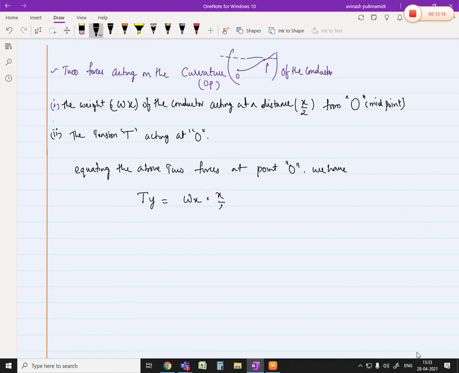Am I right? Yes, students. So this is nothing but tension along y direction, and this is the weight along x direction.